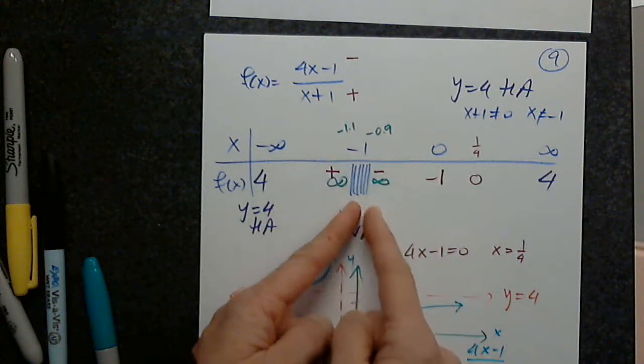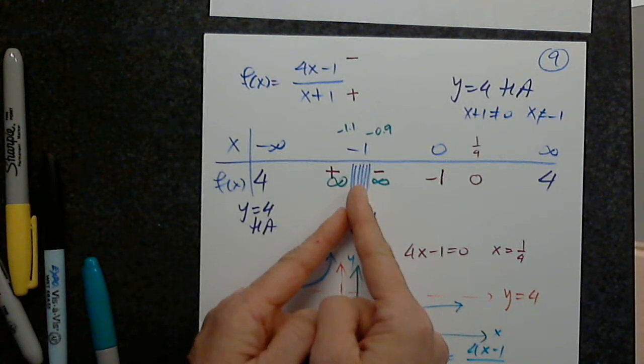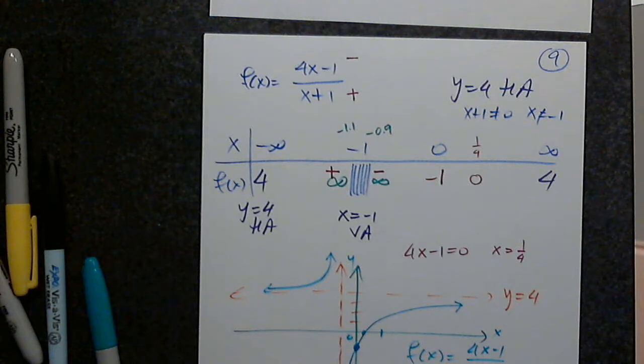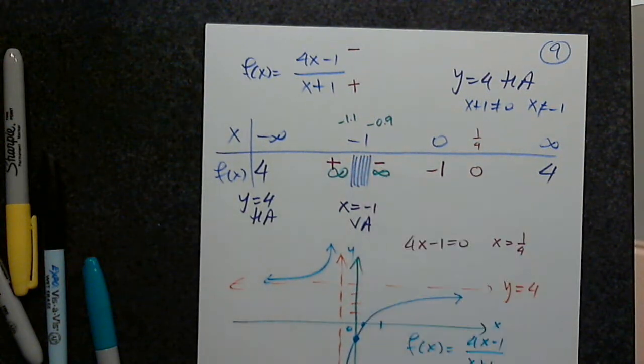X cannot be negative 1, otherwise I cannot identify this, which is the vertical asymptote. So the domain is the starting point for all functions. Absolutely. So the domain is negative infinity to negative 1, union negative 1 to infinity. That's why I have this here. As you see, the function is not defined at negative 1.